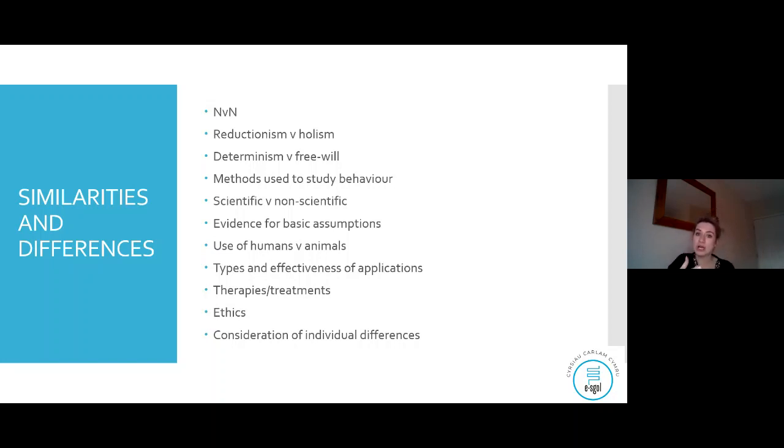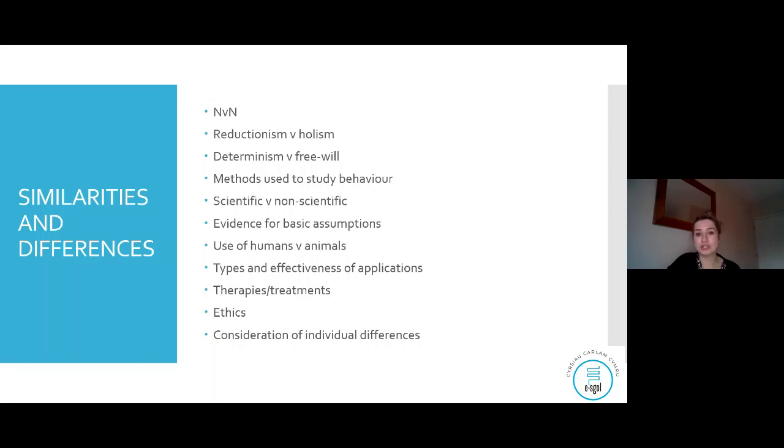Or are they more nurture? Do they believe that it's to do with upbringing or learning from your environment? Or is it things around you that impact your behaviour? Okay, most of them are one or the other. Some of them try and have elements that look at both, but nature versus nurture is a really, really nice similarity and difference to bring into your answer.